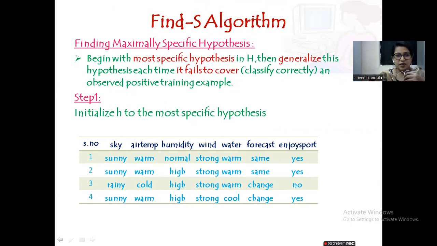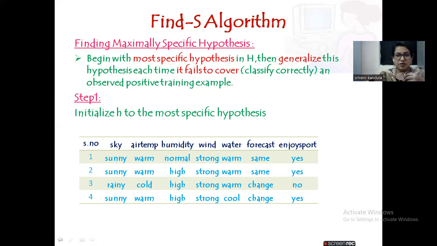Humidity takes normal and high. Wind takes strong only. Water takes 2 possible values, warm and cool. Forecast takes 2 values, same and change. Then the target label, Enjoy Sport, is classified as either yes or no.